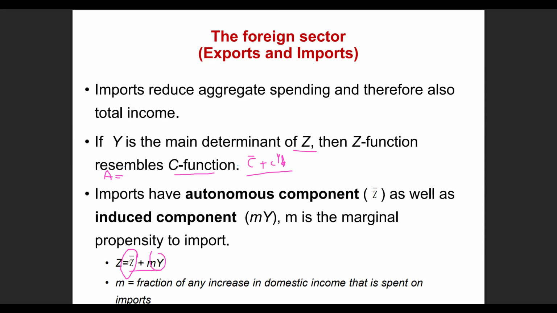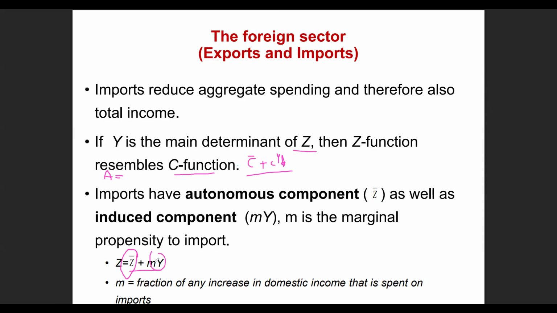So autonomous is the imports that happen even when your income level is zero. It means that you are able to buy goods from outside even if your income level is zero, plus mY, which is the induced component of imports, whereby these are households that are able to import products, but their import is dependent on the level of their income.